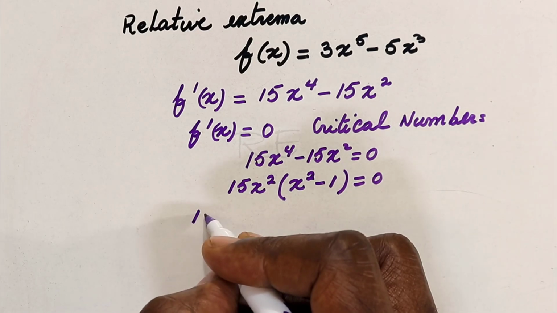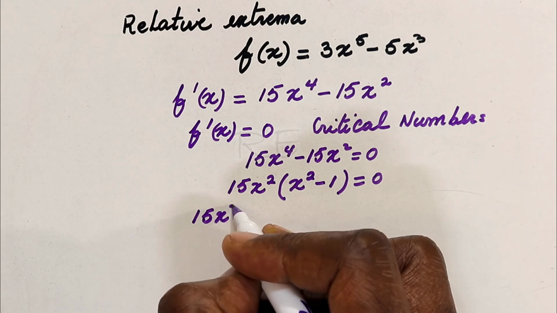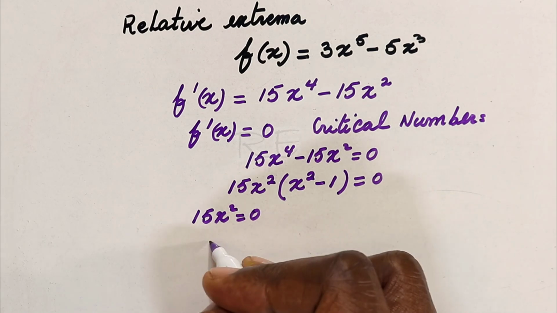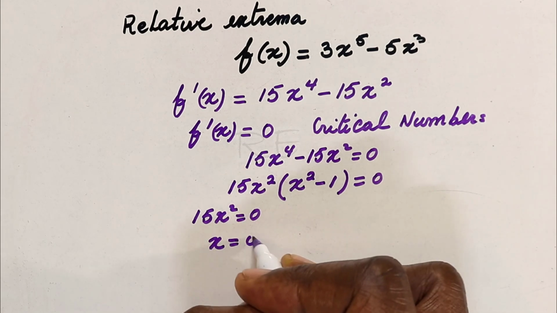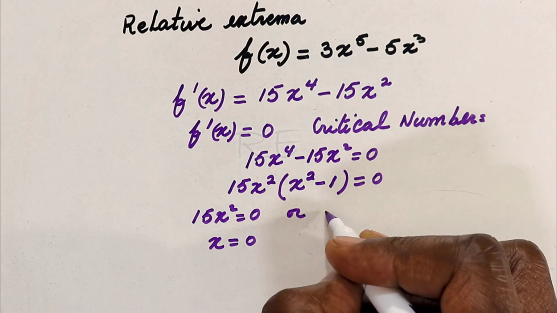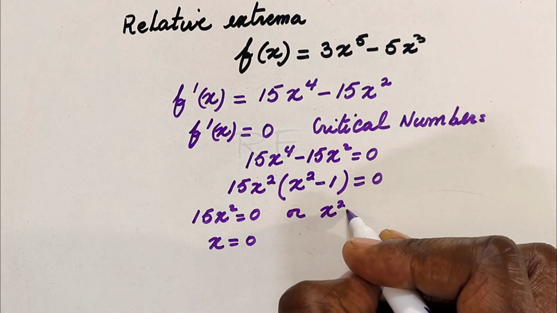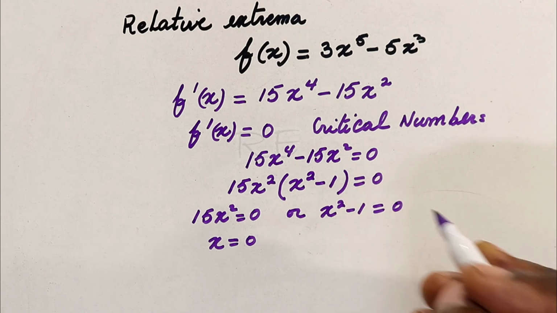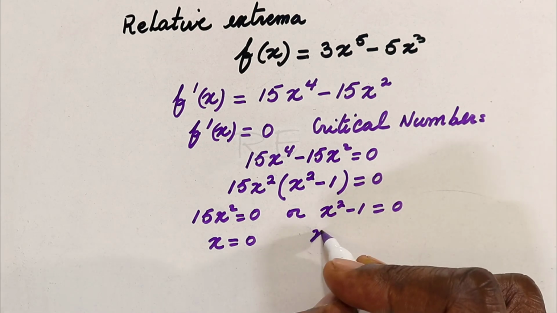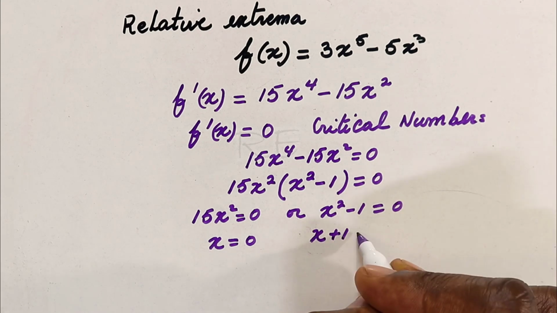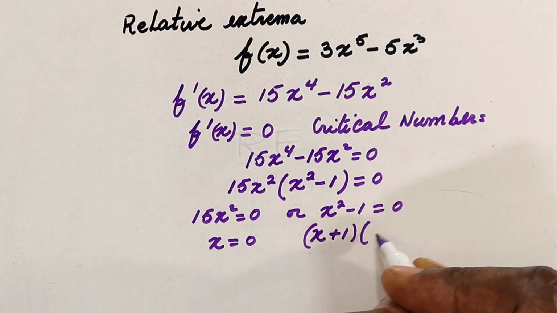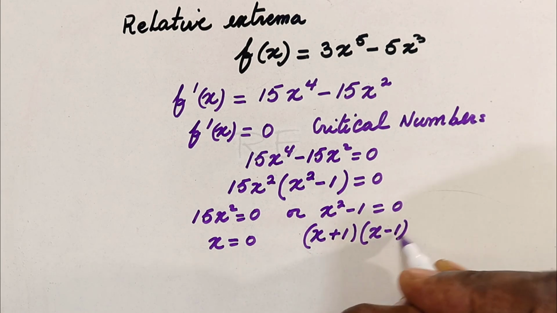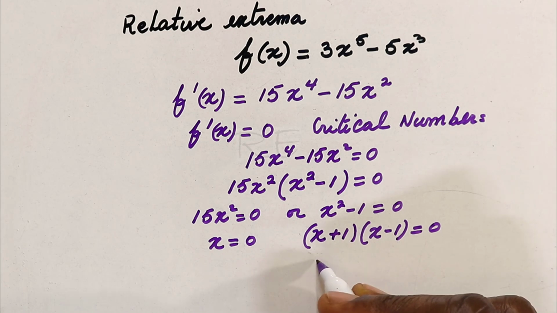We'll set each factor equal to 0, 15x squared equal to 0, therefore x must be 0, or x squared minus 1 equal to 0. X plus 1 times x minus 1, difference of two perfect squares, is equal to 0.